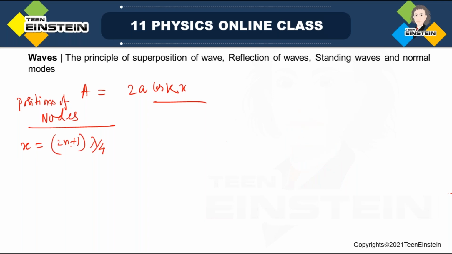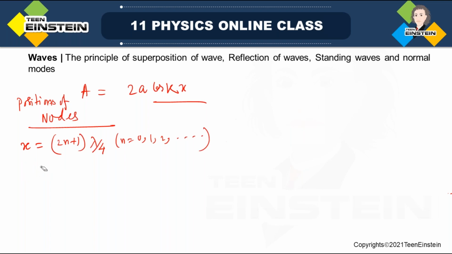We have got the positions for nodes, where n will be 0, 1, 2, like that. Now, the positions can again be written in terms of velocity.